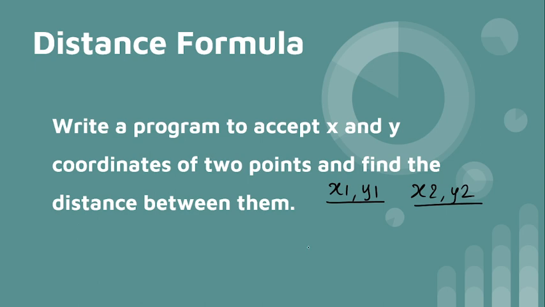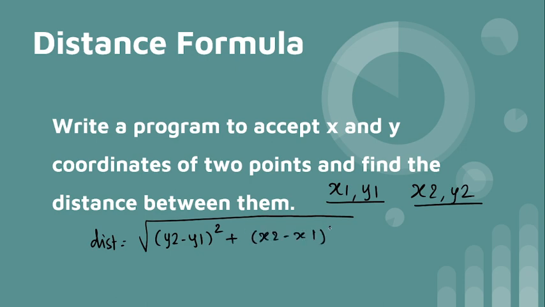Then the distance formula says the distance between these 2 points would be the square root of the square of the difference of the y coordinates, so y2 minus y1 whole square, plus x2 minus x1 the whole square. That's it. Again, simple input output and a formula to be used, right?